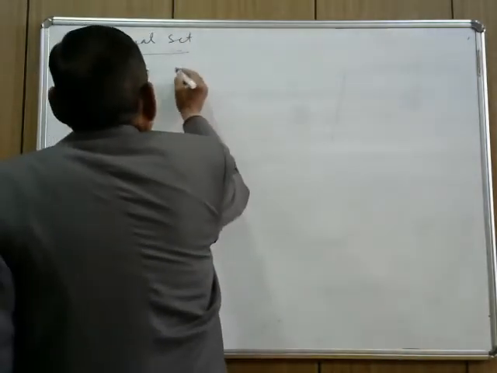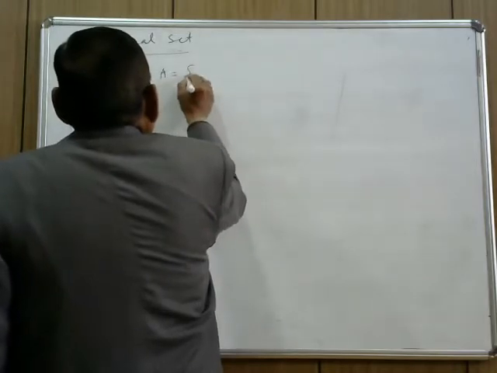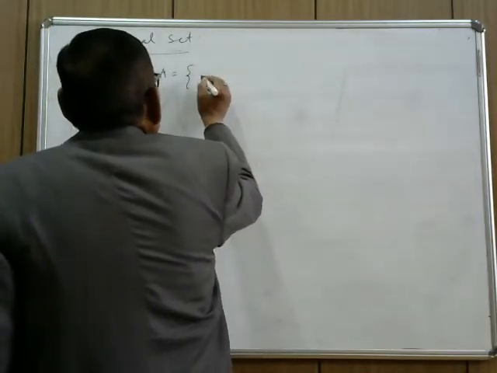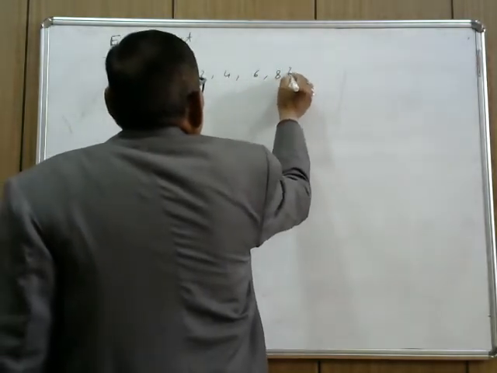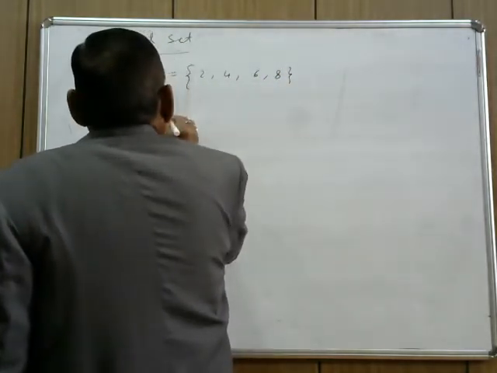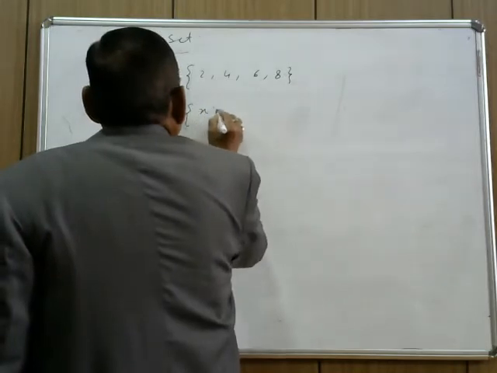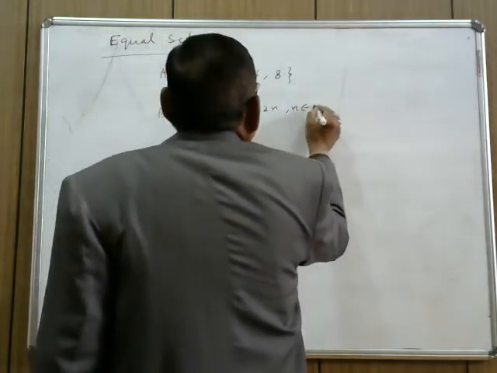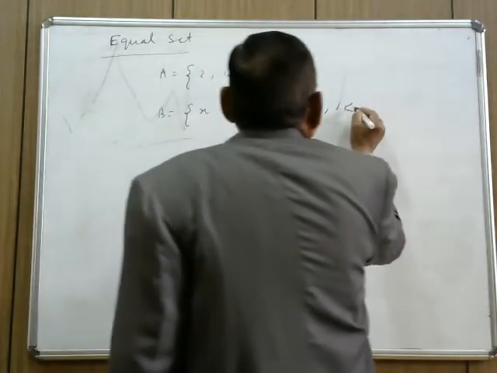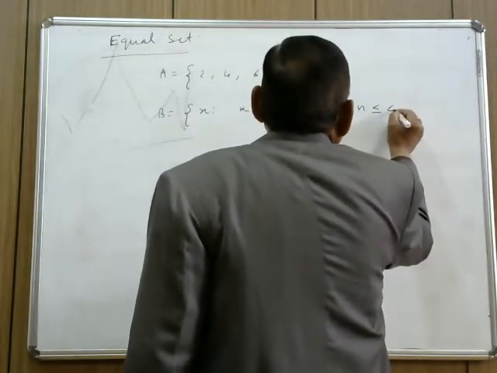For example, set A is {2, 4, 6, 8}. Set B is defined as all x such that x is equal to 2n, n belongs to N, 1 is less than or equal to n is less than or equal to 4.